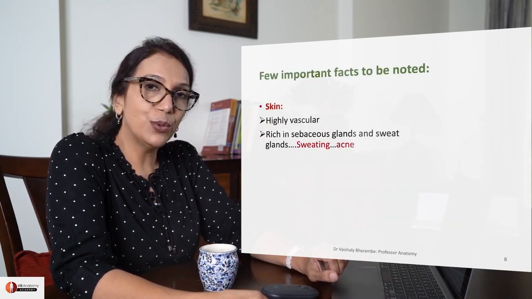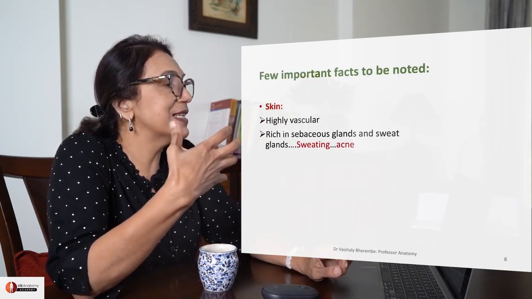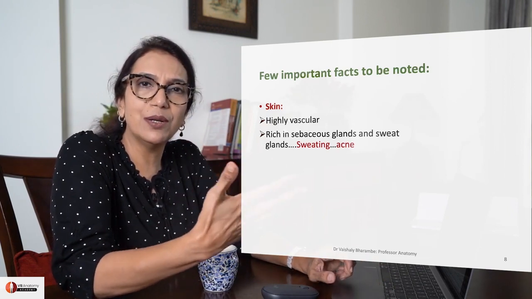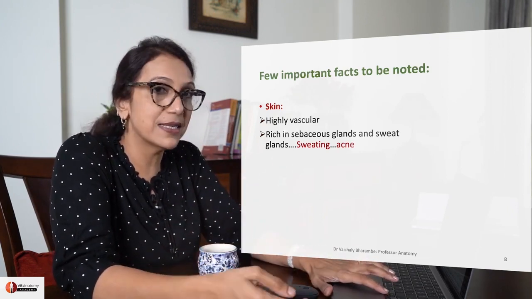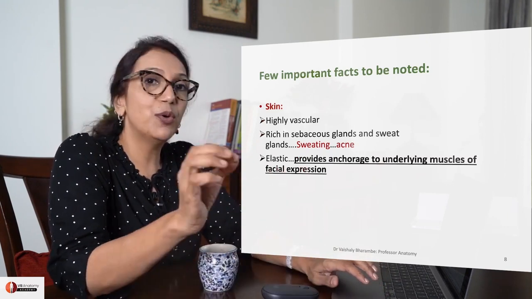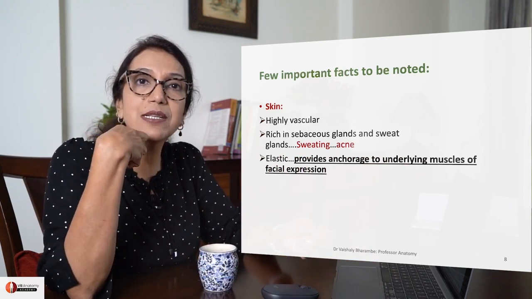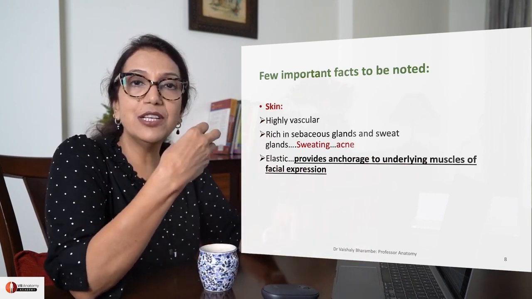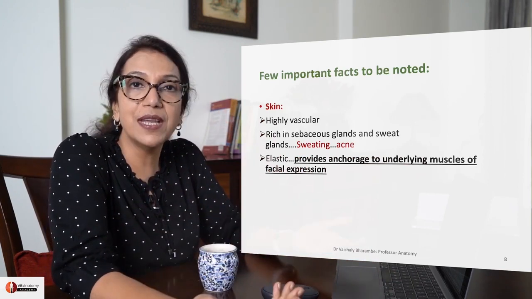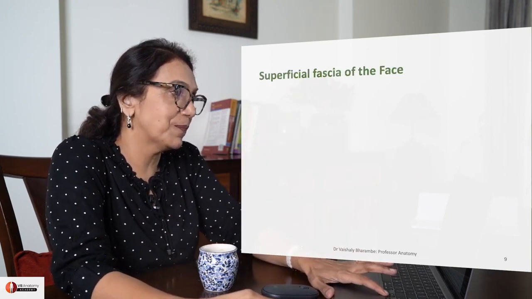A few points to be noted. Remember, your skin of the face is very vascular, it has a lot of sweat glands, sebaceous glands, and it provides anchorage to muscles of facial expression. So every time the muscle contracts, your facial skin changes position, bringing about variable expressions.